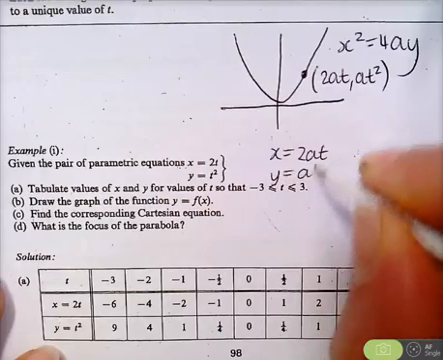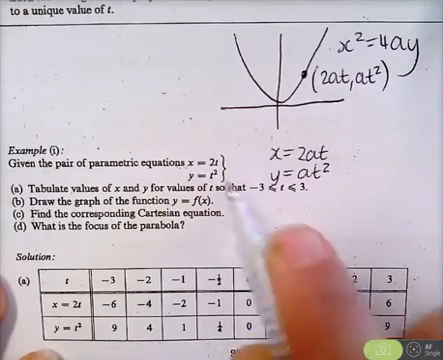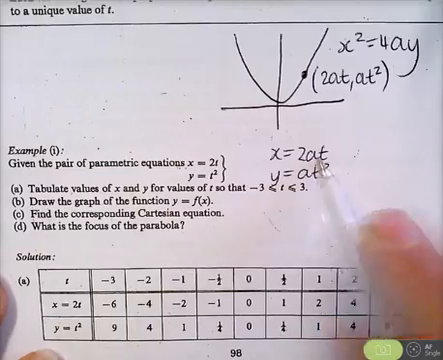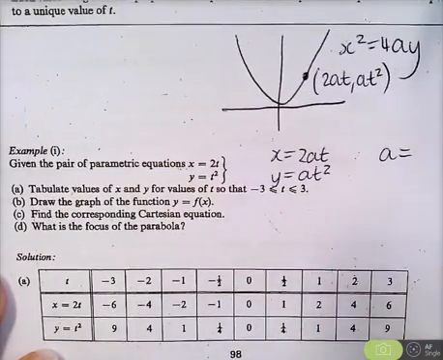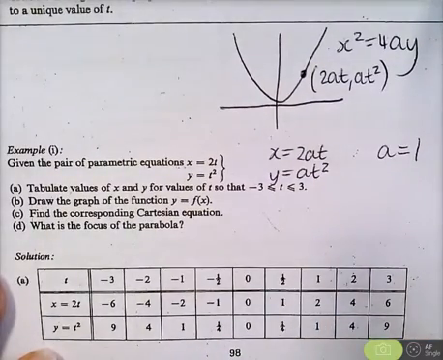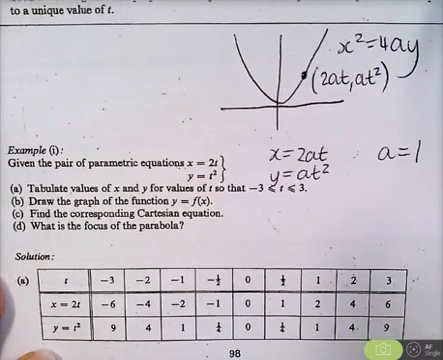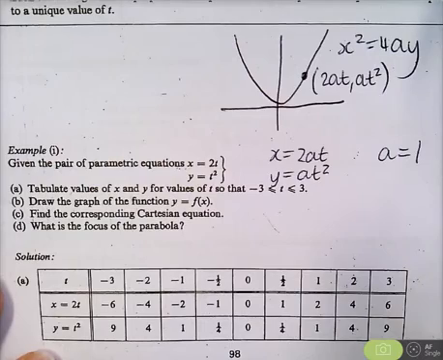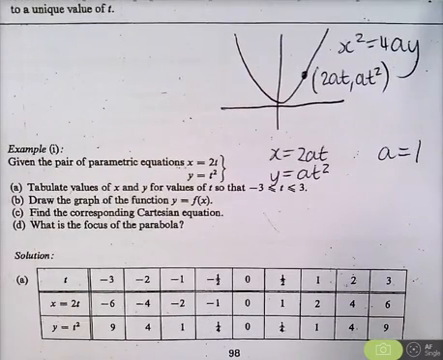And y is at squared, but you've got x is 2t. Doesn't the 2 equal 2a? What does a equal in this? So the parabola is just x squared is, you know how x squared is 4ay? What's the parabola? x squared is 4y. Anyway, look, we're going to do more of this. I'm just seeing if you can see that. But you don't have to do it that way.